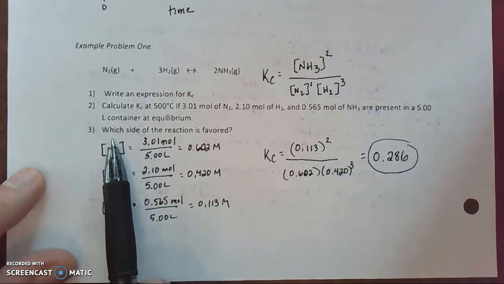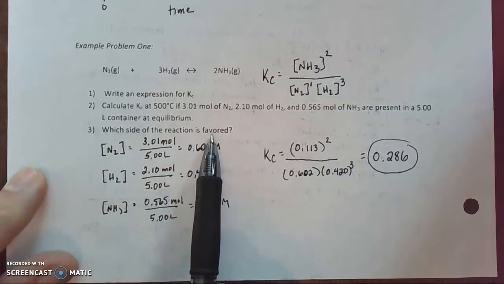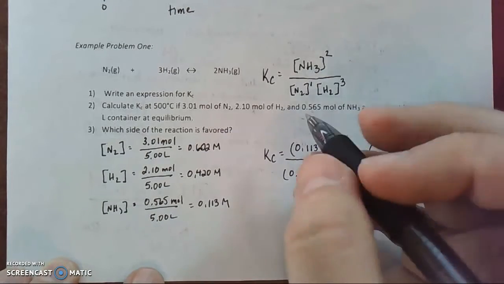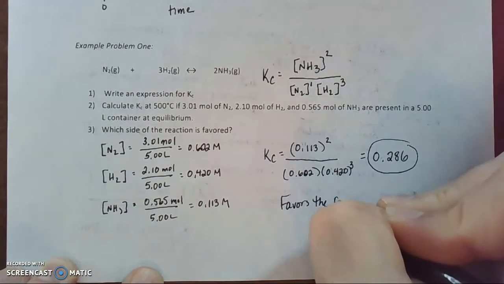So based on that, we can look at this value, which side of the reaction is favored. If you remember back to the first page of notes in this note packet, we talked about it kind of being like anything below 1 and anything above 1. Well, this one is below 1, so we say it favors the reactants.